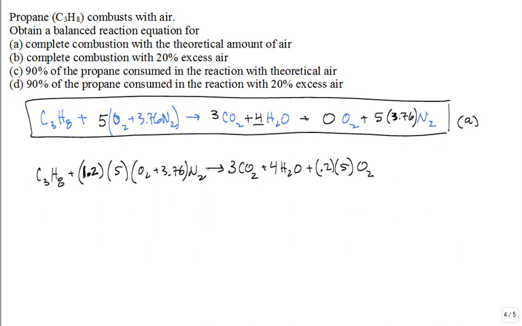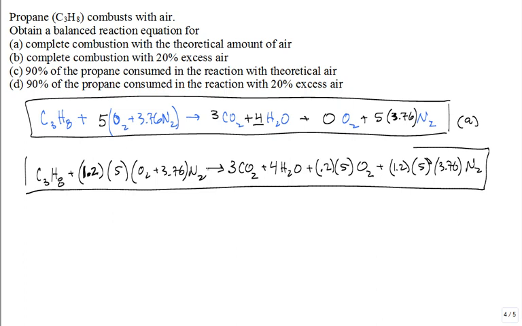And then I'll have the 1.2 times 5 times 3.76 N2s. That's balanced for part B.